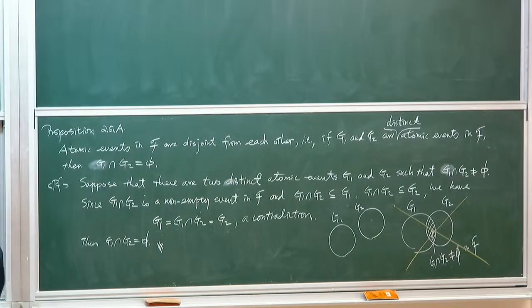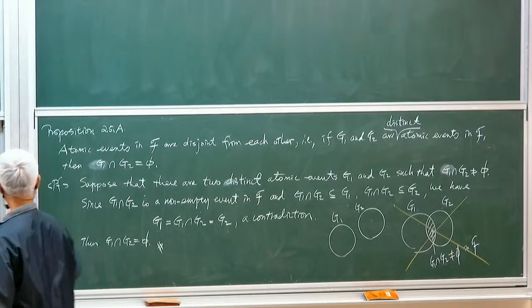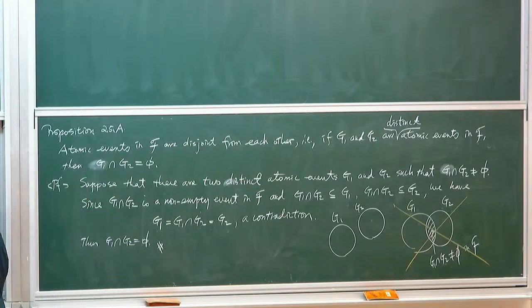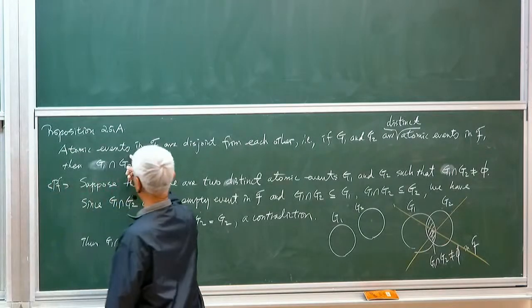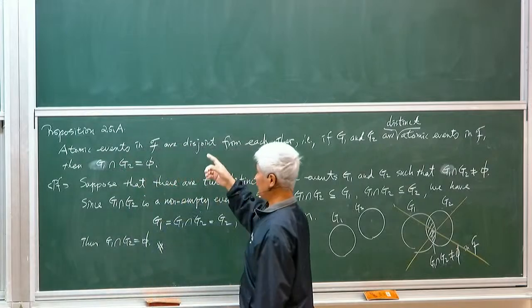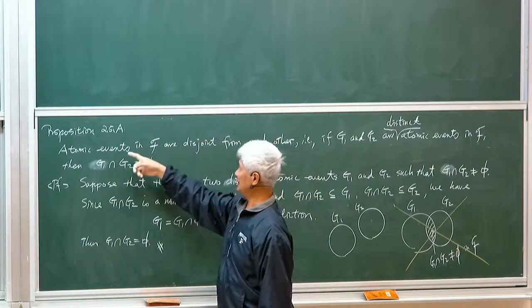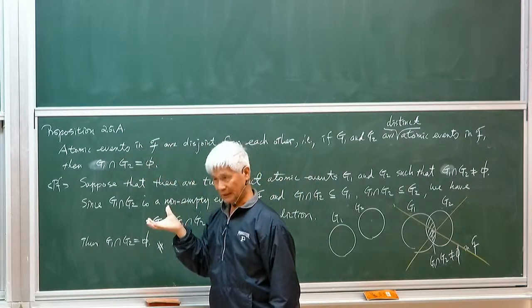So whenever you take an example, you can't find a counterexample. But you can't enumerate all possible examples, because this must be true for any atomic events in any sigma algebra.